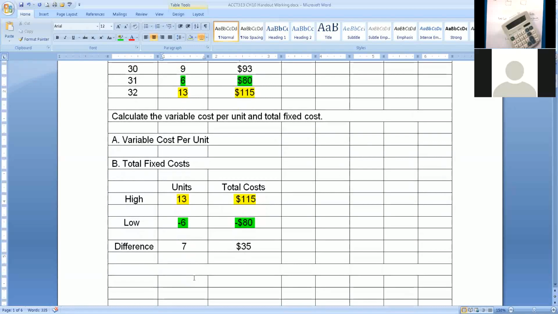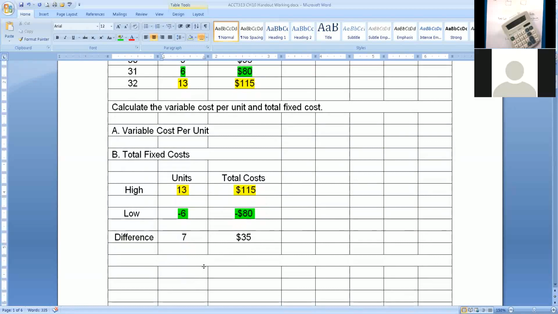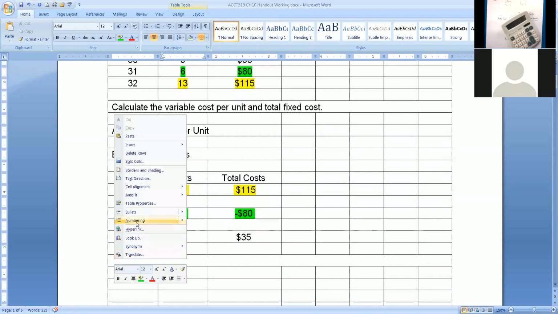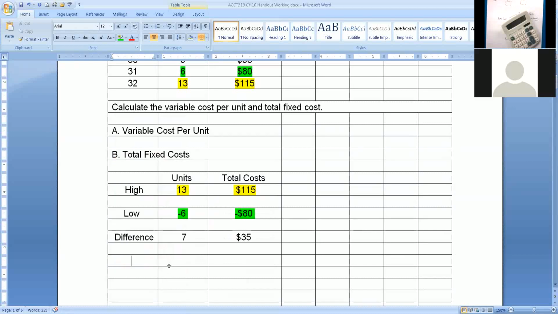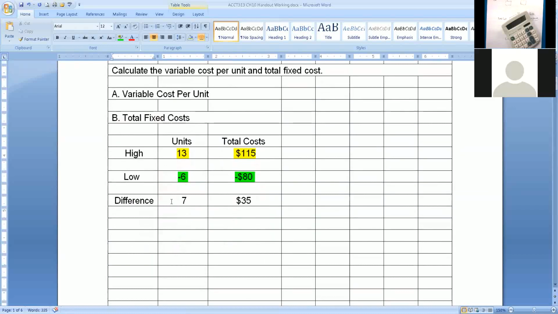So we now have this difference. Delete this row. The difference is 7 units, and it changed the total cost by $35, and we know that that change is due to variable costs. Right, this must be a variable.